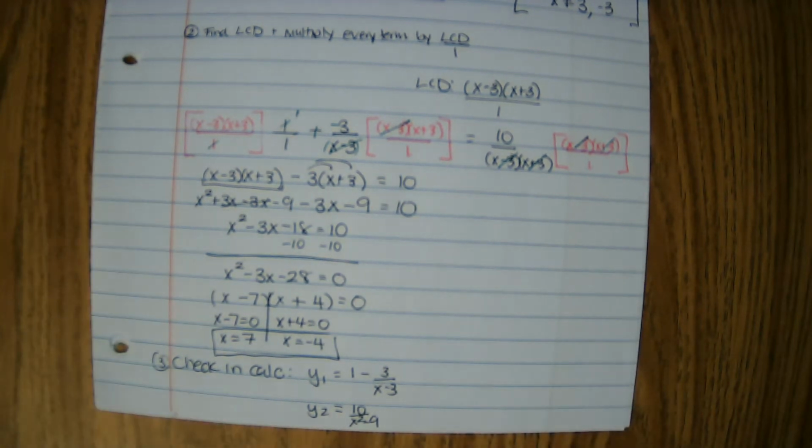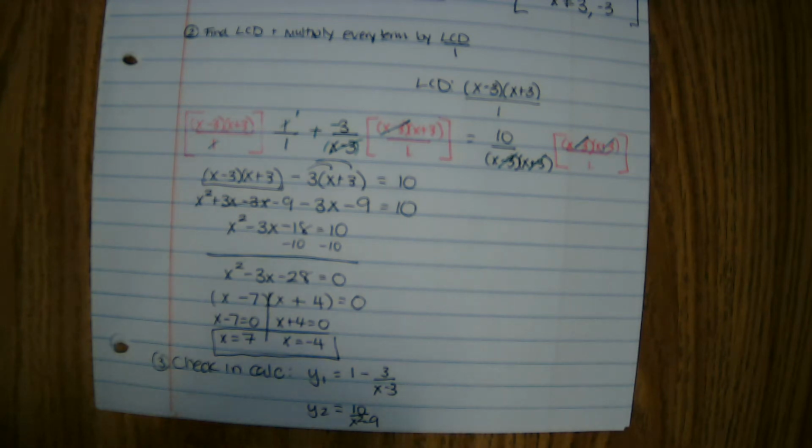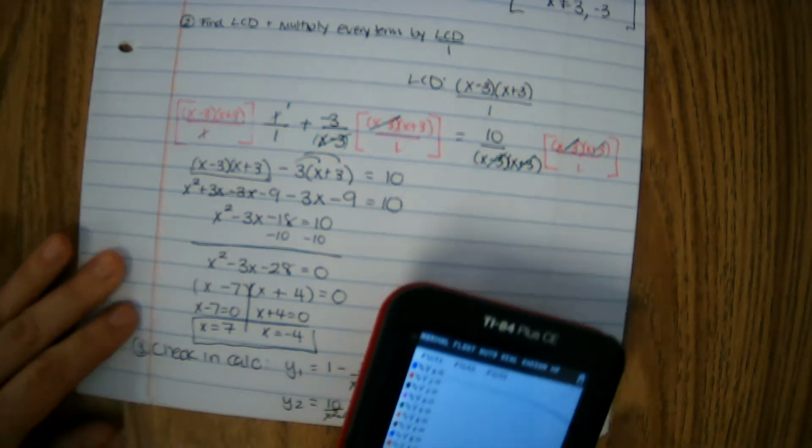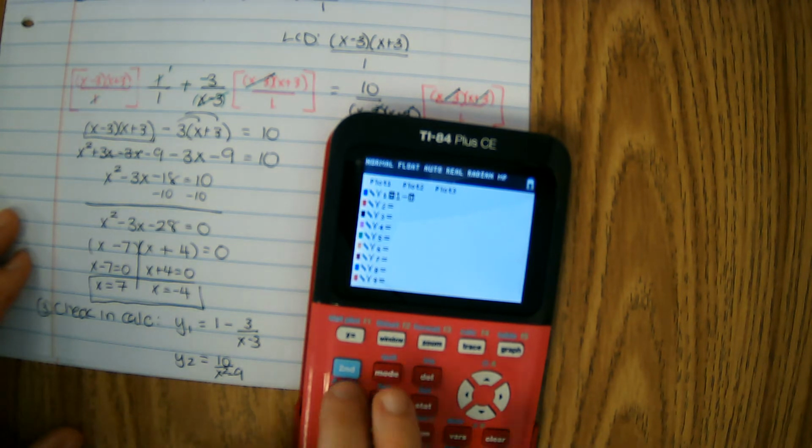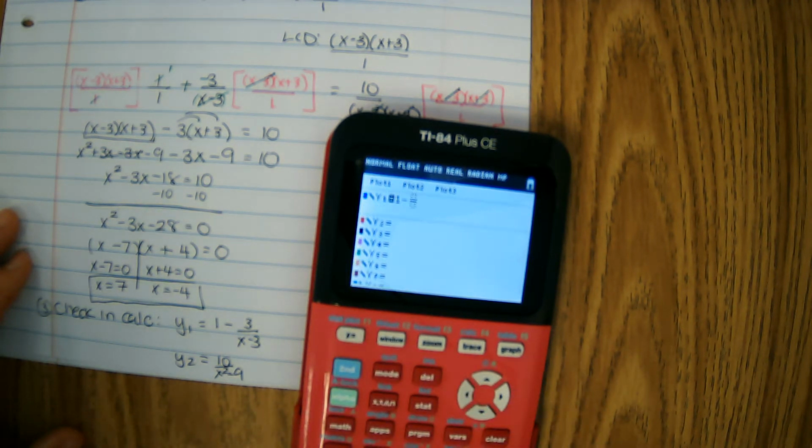So go to your calculator and make sure you try this on your own. It's really important that you actually type it in. So 1 minus 3 over x minus 3. And then on the other side, 10 over x squared minus 9.